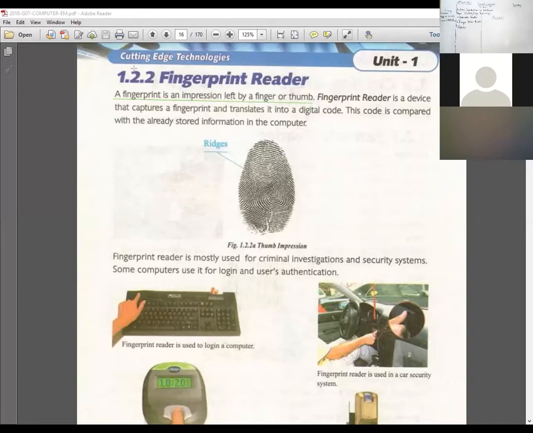Okay, now here you can write the question, what is a fingerprint reader? Okay, now I'm going to underline all the questions. A fingerprint reader is a device that captures a fingerprint and translates it into digital code.